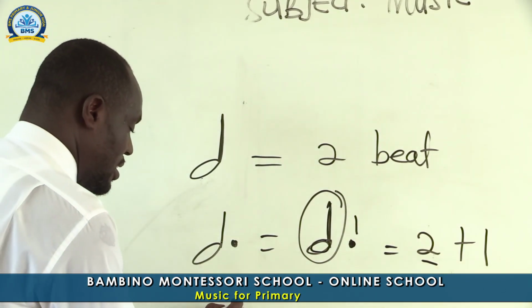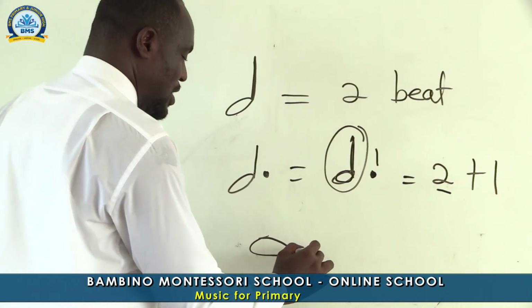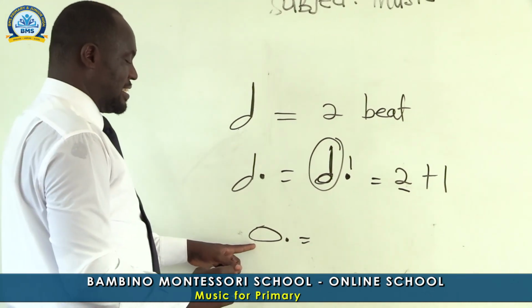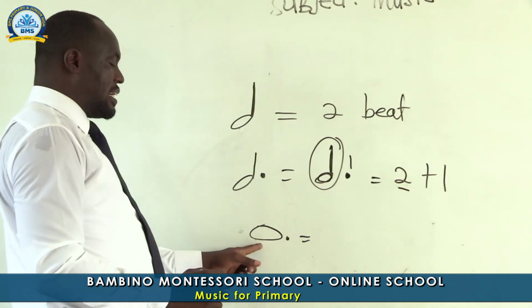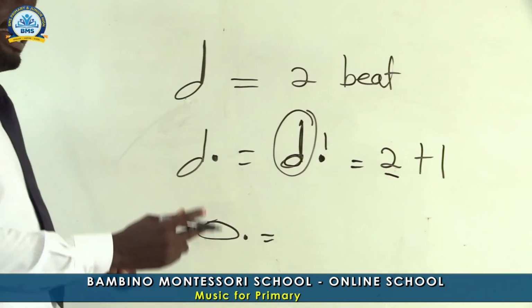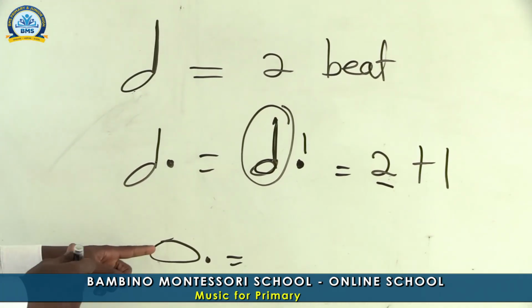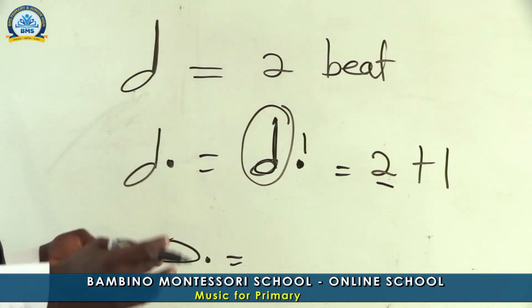Let's take another example. Let's say we have a whole note here and we put a dot here. It's telling you to add half of this note to this note. So 4 divided by 2 equal parts will be 2.